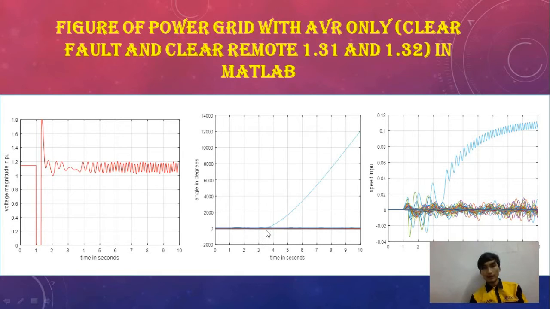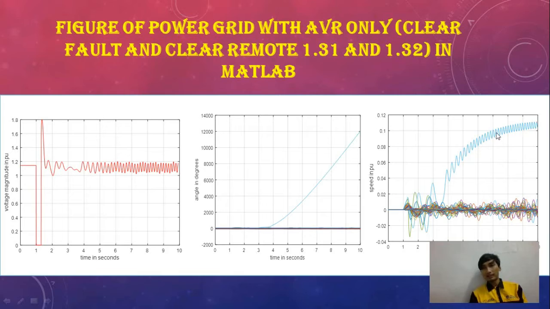After 3.5, the angles increase to about 12,000 at 10 seconds, and Figure 3 shows the speed in PU versus time in seconds.